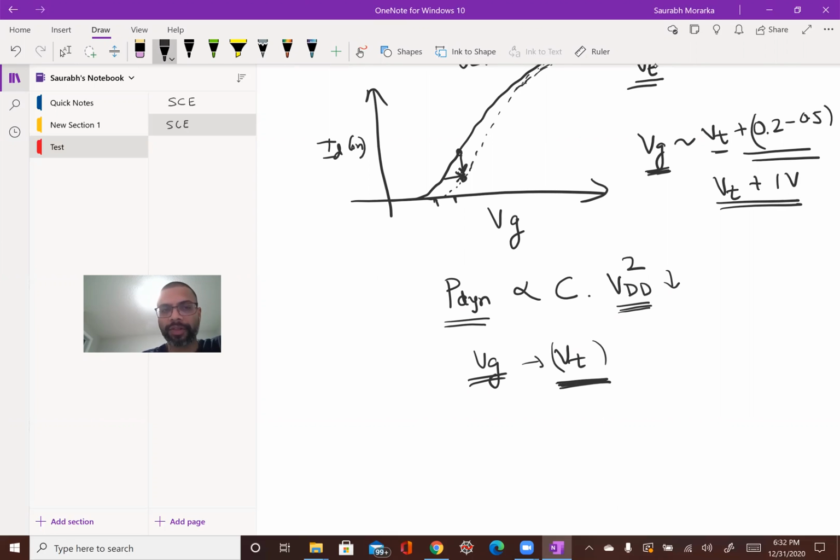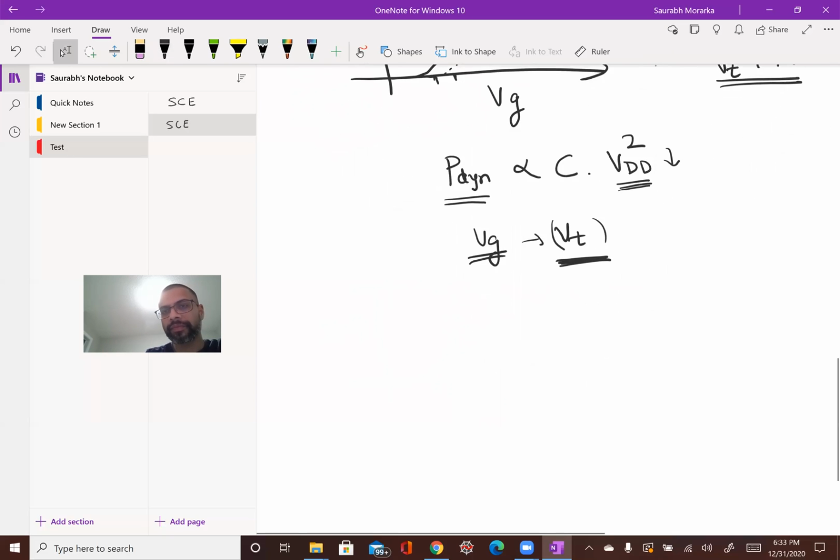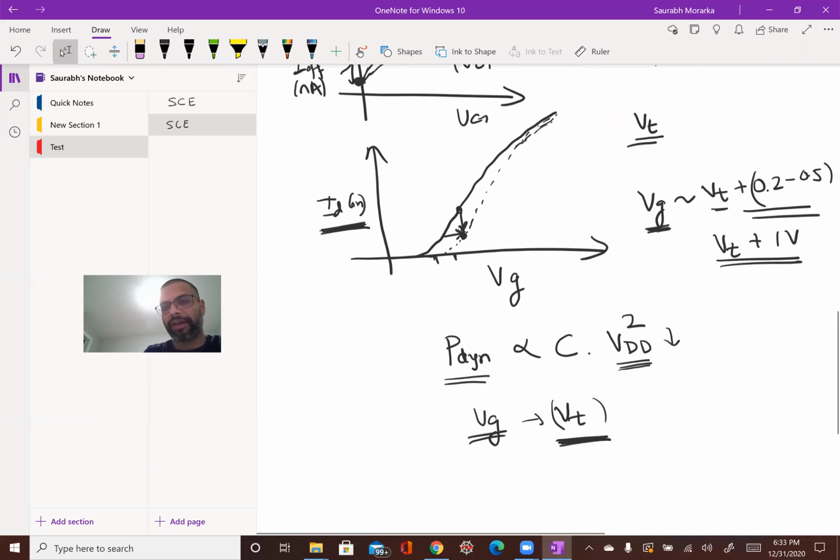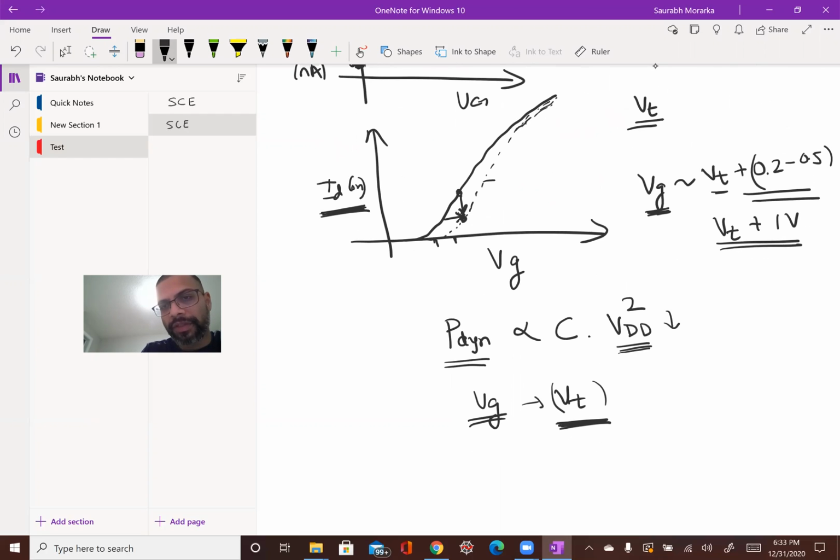But in that process, we end up losing the on-state current. And that on-state current is the biggest thing that helps us drive the circuits faster, right? So that's really what happens. So let me show, this is the poor short channel effects device, and this is the good one, correct?